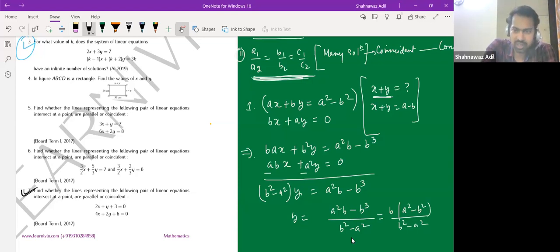Hashit, Shaima, Amira, and Shiresh, you are also here. When we add, we will get x plus y directly. Yes, you are correct, Harsh. But we can try all the other methods. Yes, Abir, what is the difference between b squared minus a squared and a squared minus b squared?